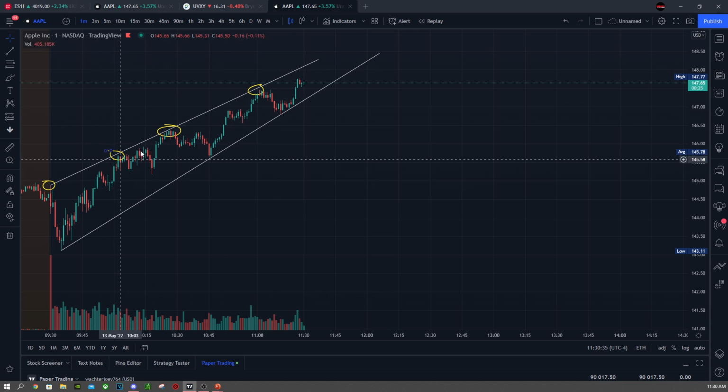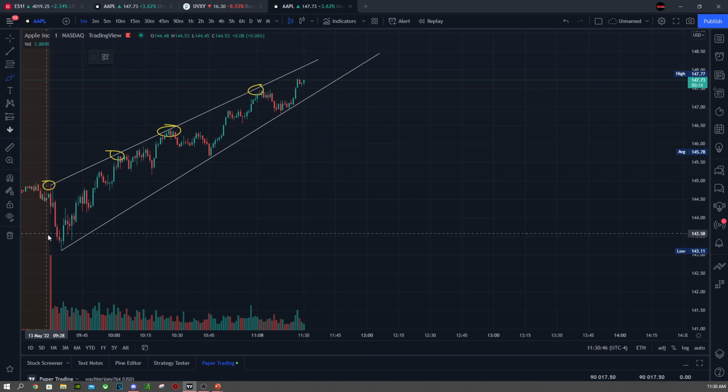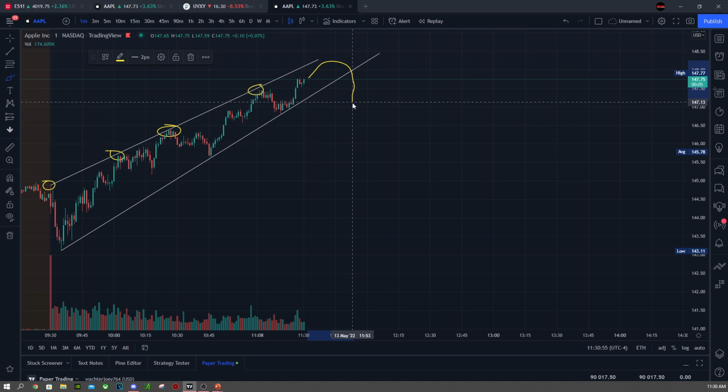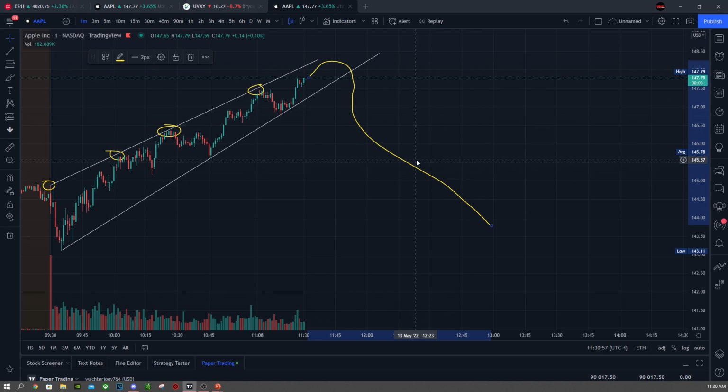So there's 4 rejections, roughly 3-4 bounces. This is a rising wedge, right? So it's stock's moving up, it's rising, and it's wedging, right? And this is a bearish pattern. So most likely at some point today we're going to see it come back down, break through, and then head back down.